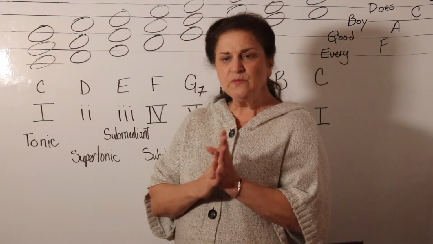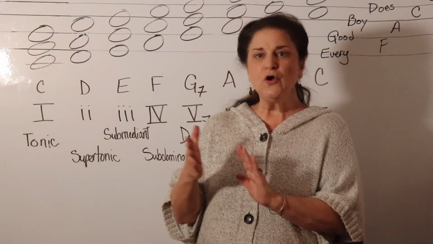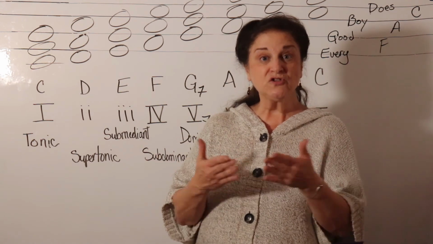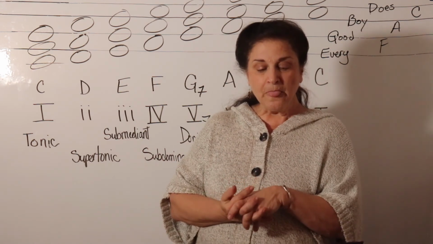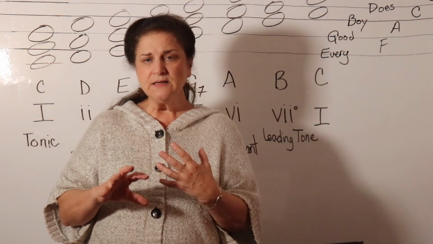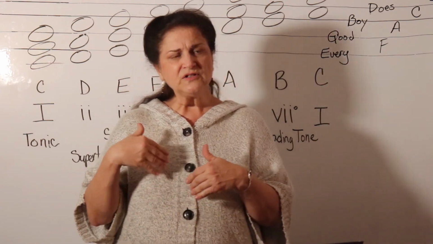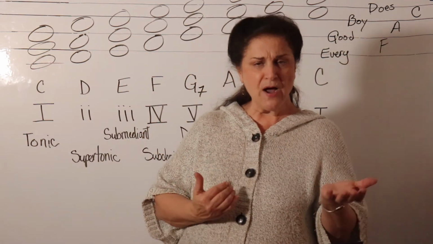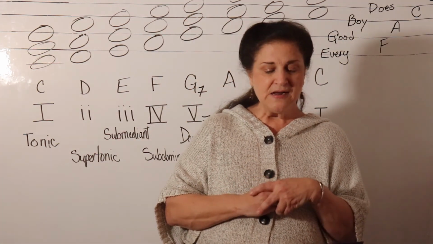So the first thing we did was we talked about how notes and rhythms create songs. We had an example of Twinkle Twinkle. We played some consonant and dissonant intervals and chords. We talked about major and minor, happy or mysterious and sad.